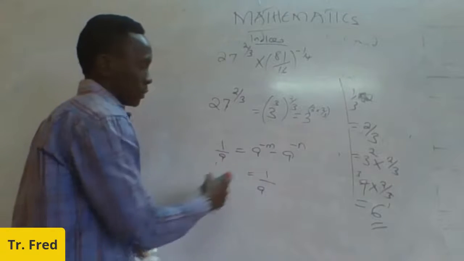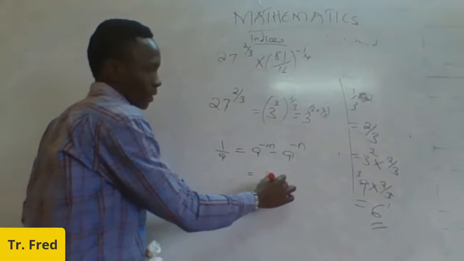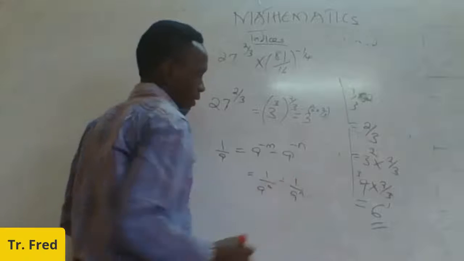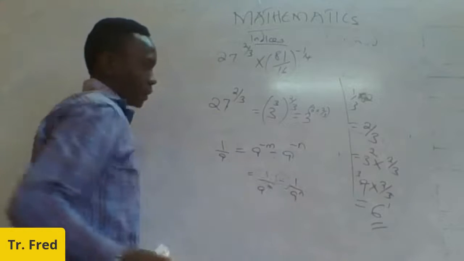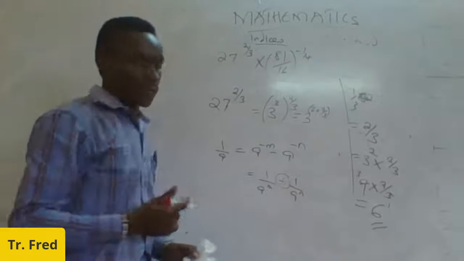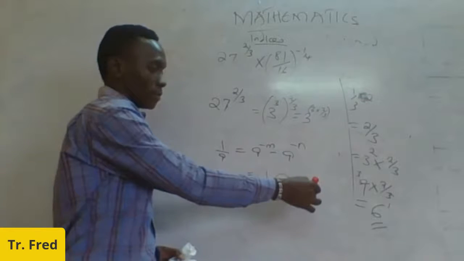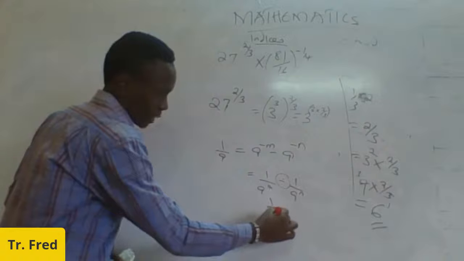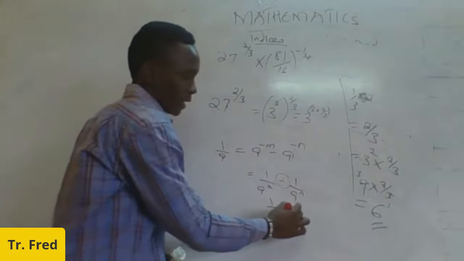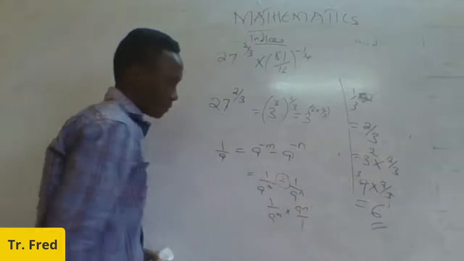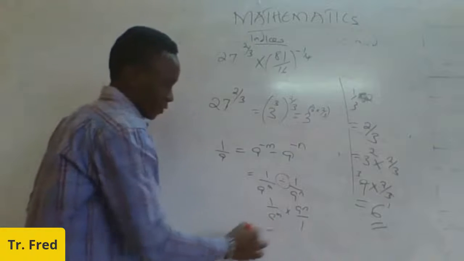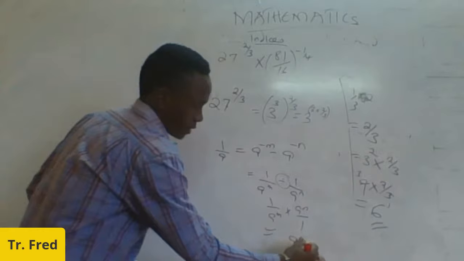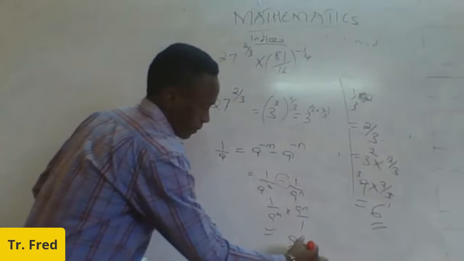The general formula will be 1 out of a power m, then divided by 1 out of a power n. Now to remove the division sign, we multiply by the reciprocal of the other number. The reciprocal will be a power n over 1. And the final general formula will be a power n divided by a power m.